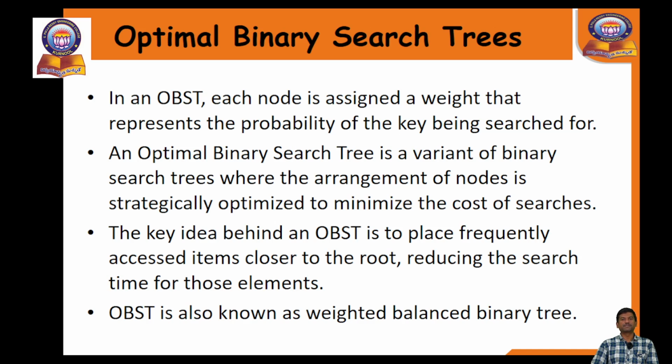Whenever you need to search for a particular key, the key with the highest probability of being searched has to be kept close to the root, because when you are finding any element within the binary search tree, you first search from the root, and then traverse towards the left subtree or the right subtree, depending upon the key you are searching for and the value present in the root.